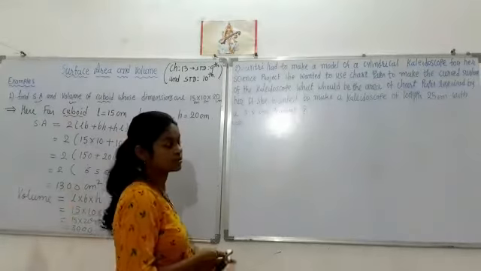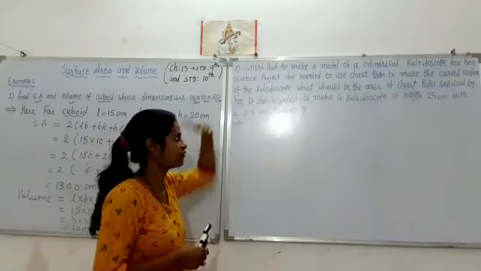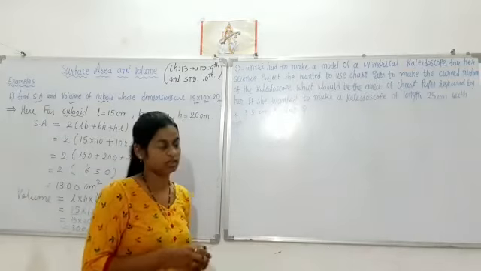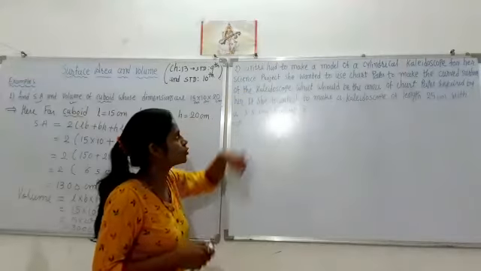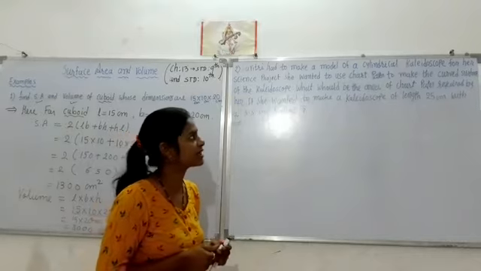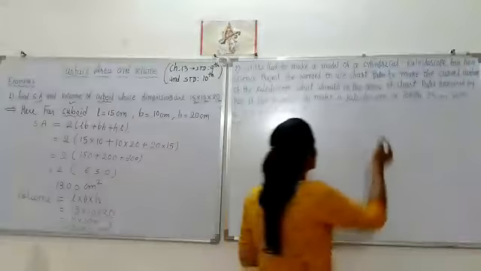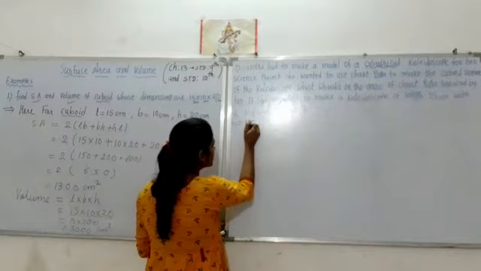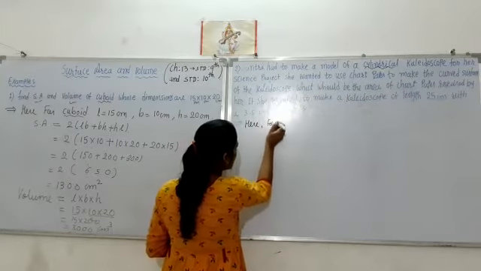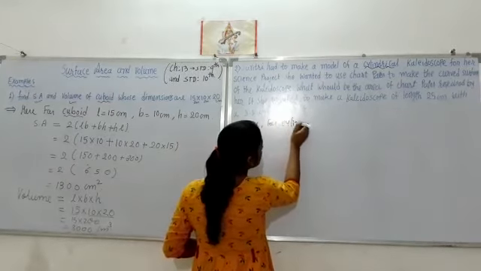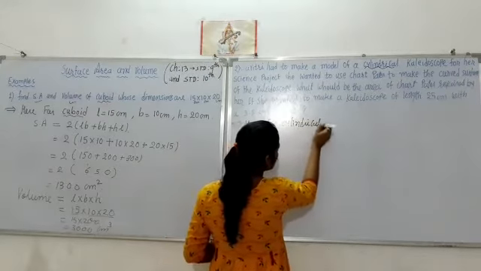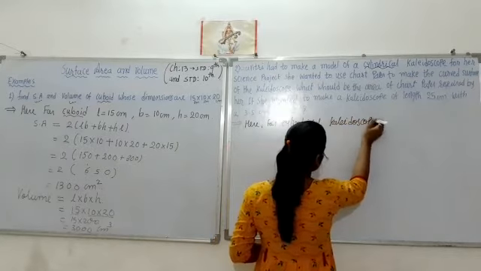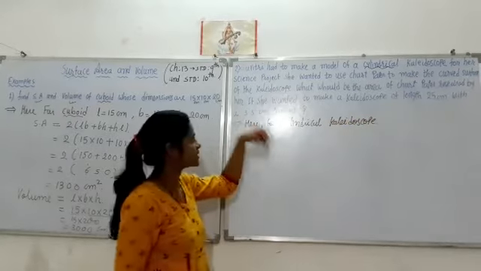In this next example, read questions carefully whenever a long-form question is given, and you have to break down these questions. Savitri had to make a model of a cylindrical kaleidoscope for her science project.